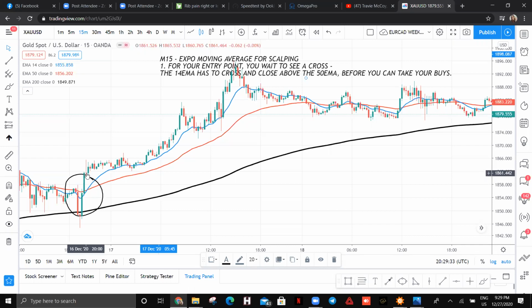If you're doing 50 pips, remember to put the pair you want us to look at using this strategy in the chat box. After showing you on gold, we can as well show it on other pairs. Now, this closes above it, you take your buy, instant execution. There is no limit order using the strategy. It's an instant execution.